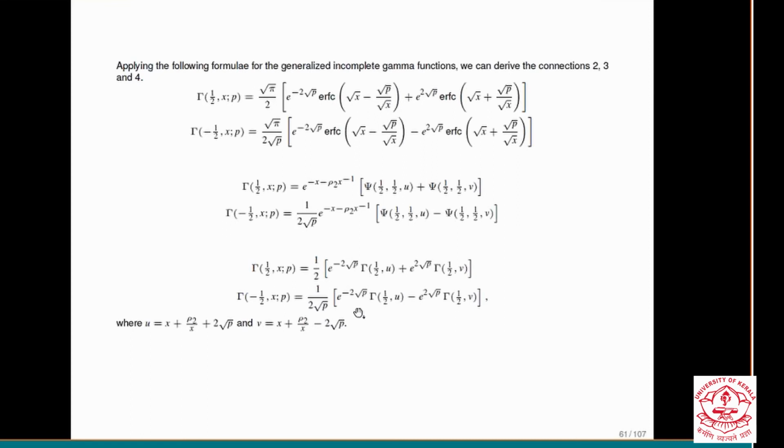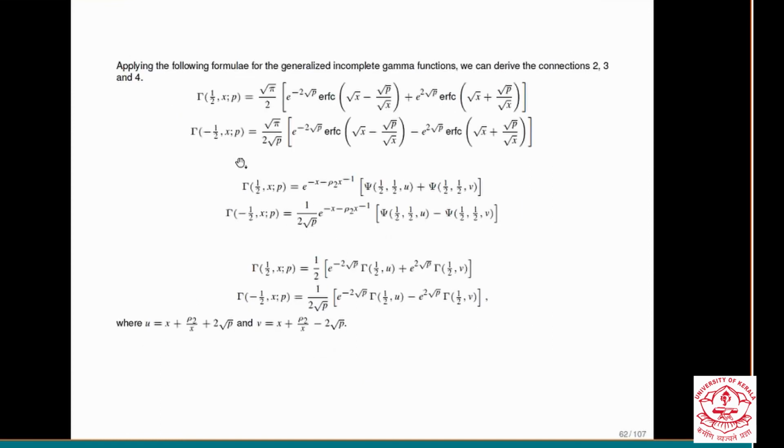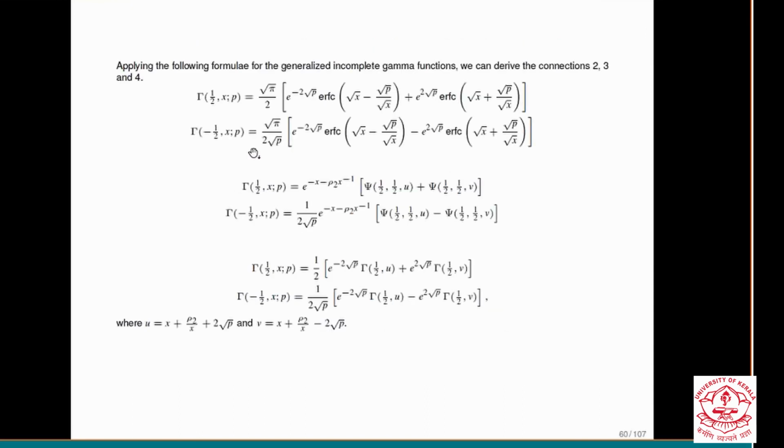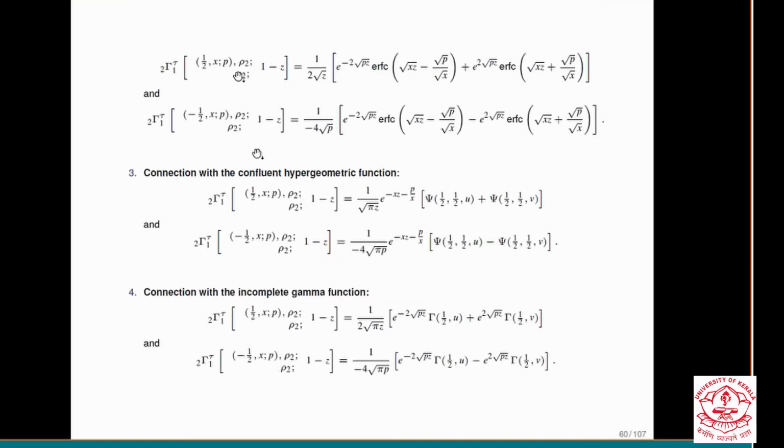Very interesting results, related with some calculations and connection with the complementary error function. So your first one is this. This is for the connection with the extended incomplete gamma function, and connection with the complementary error function.